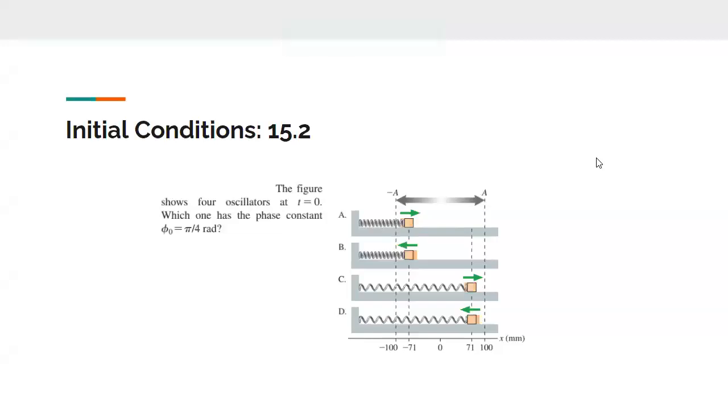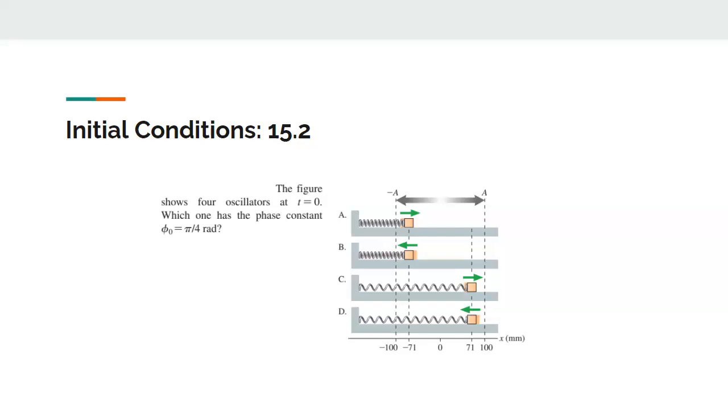Okay, so just to refresh you from where we were yesterday. So far we've been thinking about simple harmonic motion, which is a special case of periodic motion where the position versus time of the object can be described by a sinusoid. So a sine or a cosine, or potentially one of those with some phase, shifting it to the left or right. And we were just learning about how to apply initial conditions, so how we start off the oscillation, in order to calculate the phase of the system.